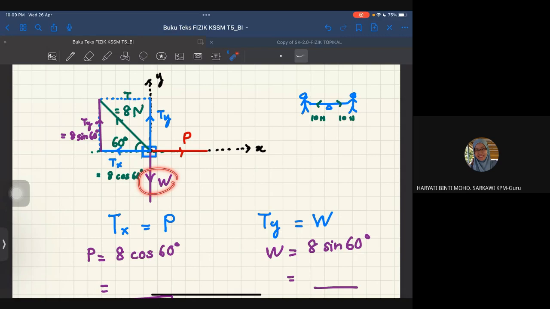W, no need to resolve. P also no need. You just need to resolve T. Once you resolve it, you will get two components, Tx and Ty. Ty will be balanced by W, meaning the magnitude will be the same. And then Tx will be balanced by P. Opposite direction, same magnitude.